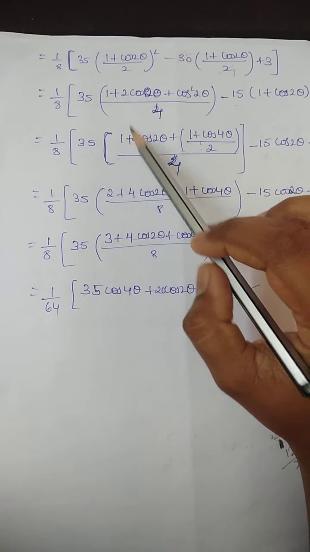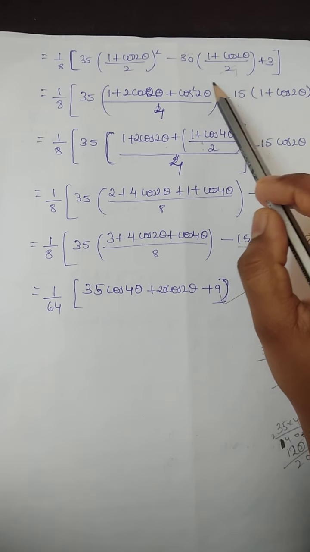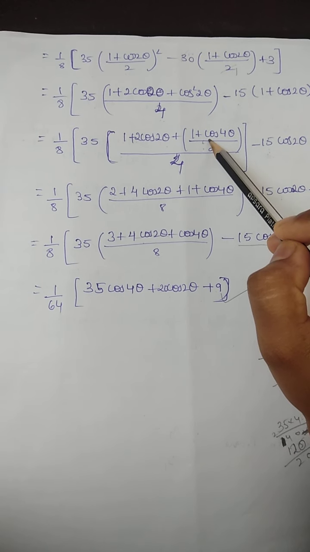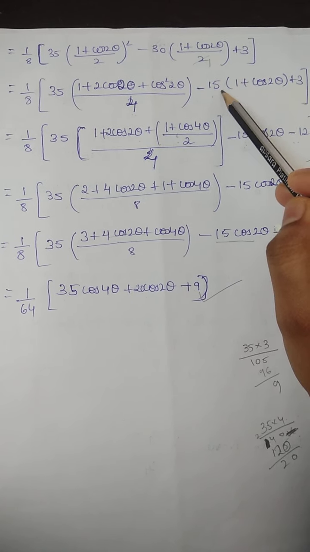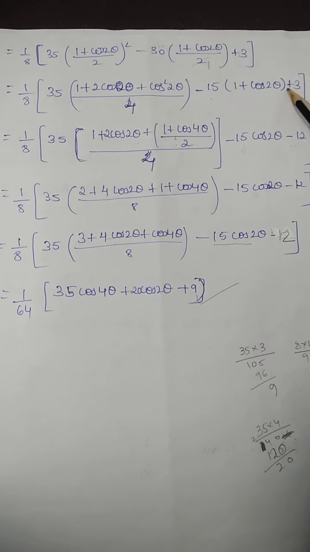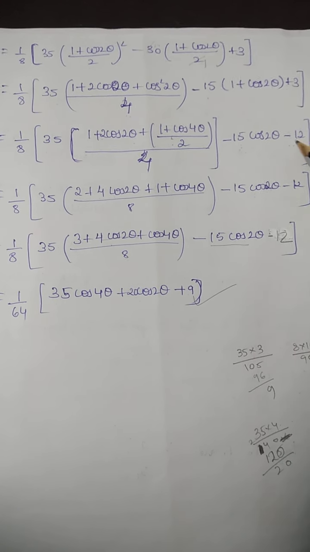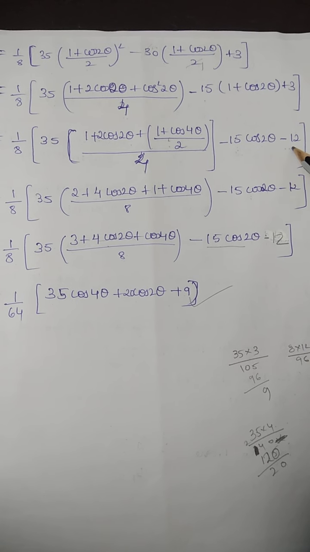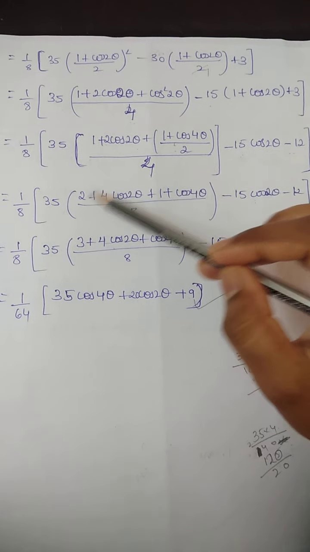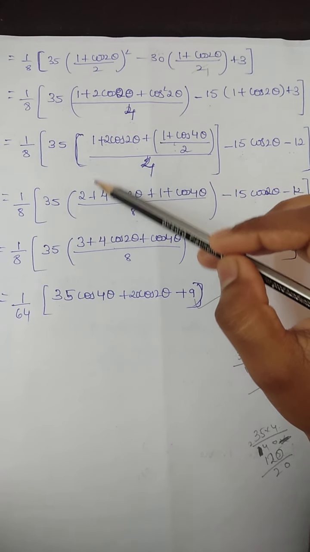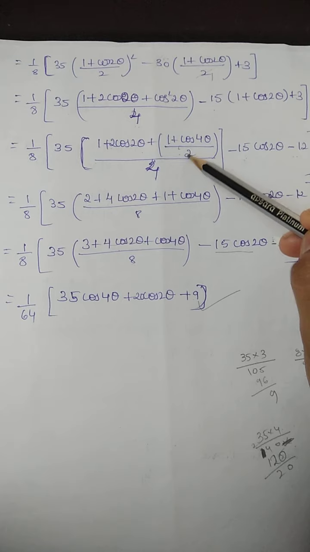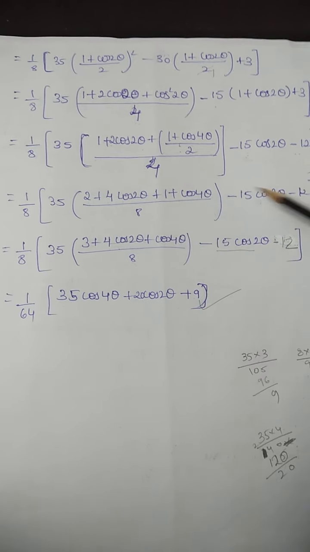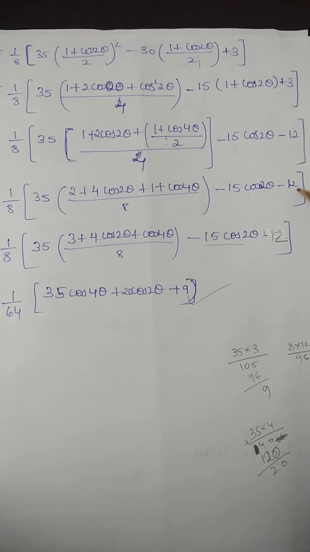Then 1 plus 2 cos 2 theta plus cos square 2 theta, again you apply the formula: (1 plus cos 4 theta) upon 2. Now multiply 15 with this and subtract 3, you will get minus 12. So keep this, 2 multiply with this, 2 ones are 2, 2 twos are 4 cos 2 theta, plus 1 plus cos 4 theta, 2 will come in the denominator, 8, minus 15 cos 2 theta minus 12.